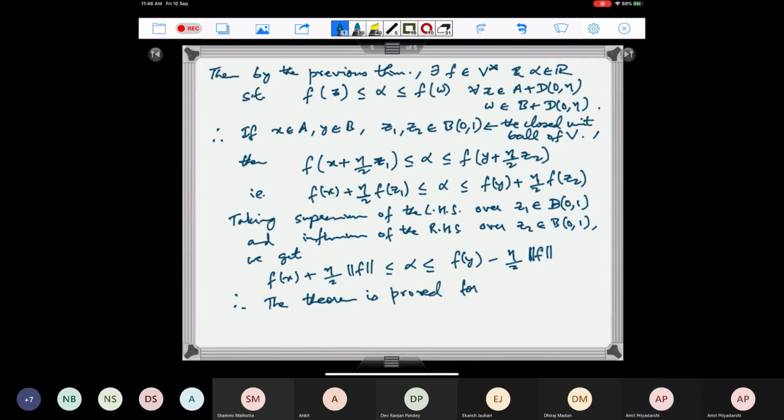Epsilon I can take as eta by 2 norm f. Then f of x is less than or equal to alpha minus epsilon, and f of y is bigger than or equal to alpha plus epsilon, for epsilon equal to eta by 2 norm f.